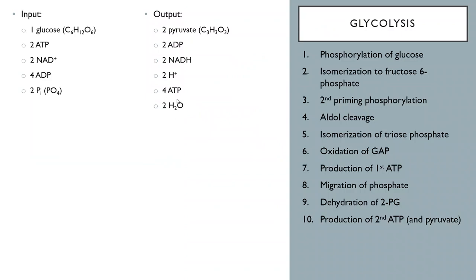So the net number of ATP molecules made is 2. We used 2 to carry out the priming steps, but we produced 4 in the payoff phase. So you net out 2 molecules of ATP for every 1 molecule of glucose, plus 2 NADHs, which will be used further down the line.